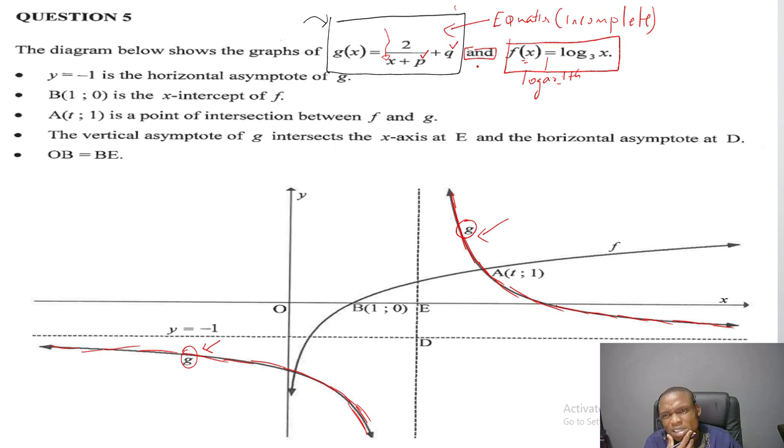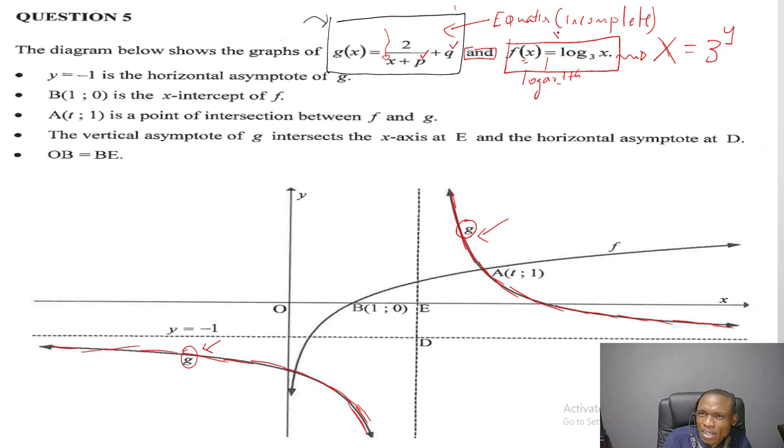When they give you a function in log form, just know that you can write it right away in exponential form. What is log can be written in exponential form. How can we write f of x equals log x base 3 in exponential form? It's x equals 3 to the exponent y.